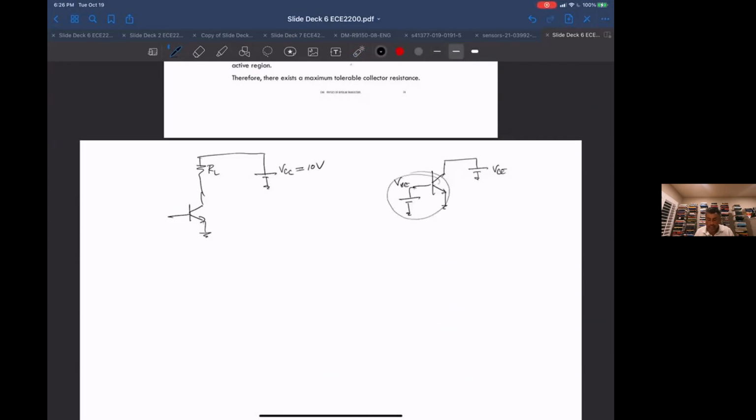VBE is the base emitter voltage. So if I put a voltage source here, I can call this VBE. I can call it something else too, but whatever this is, it's going to give me my VBE, the base emitter voltage.